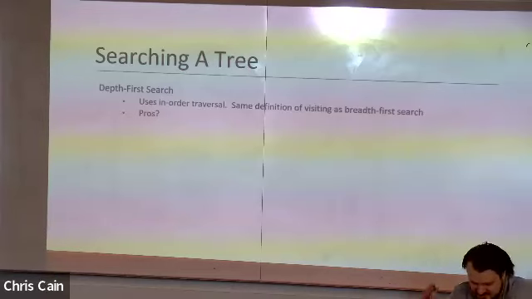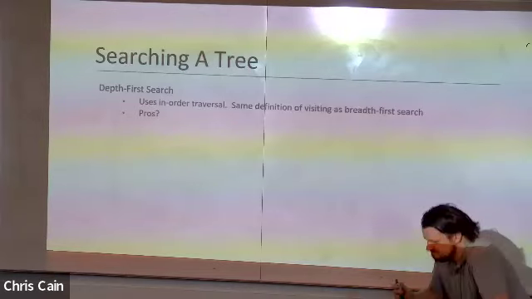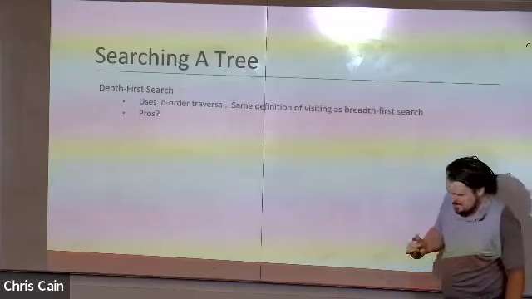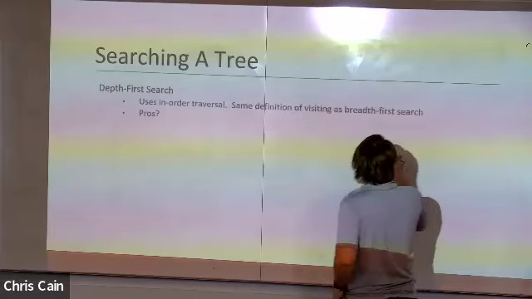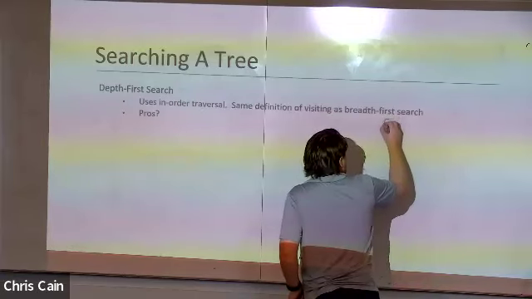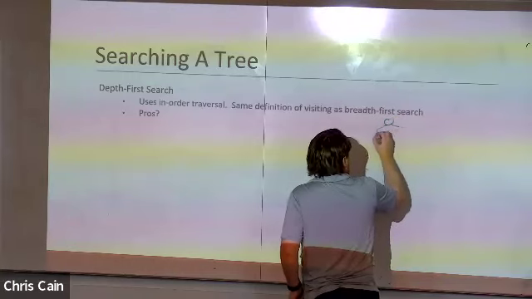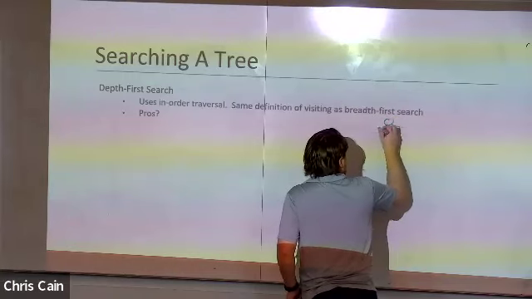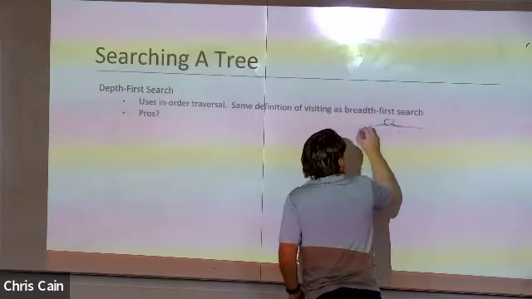I'm gonna draw a fairly deep tree here, hopefully. I should probably, if I'm gonna do that, make this very wide.